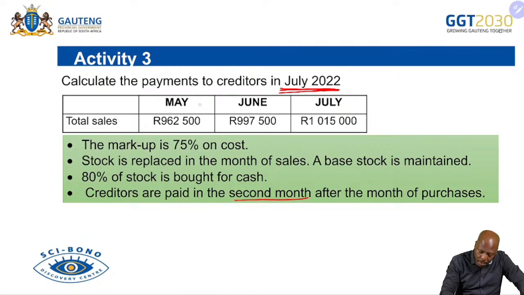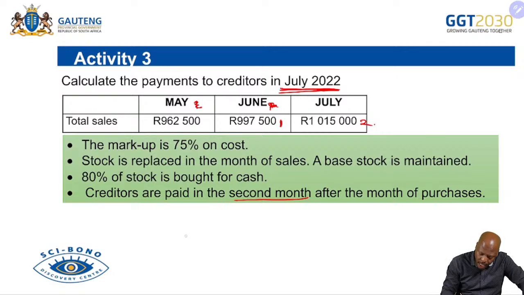So if you purchase in May, this will be the first month, and this the second month, when you will be paying. Rather, in June it will be the first month, and this will become the second month. Creditors are paid in the second month after the month of purchase.